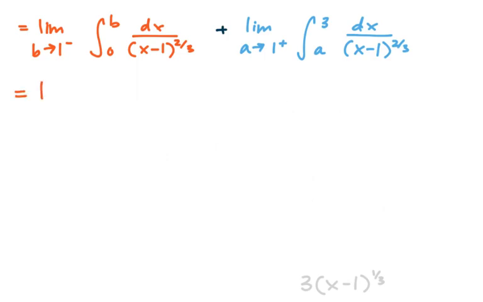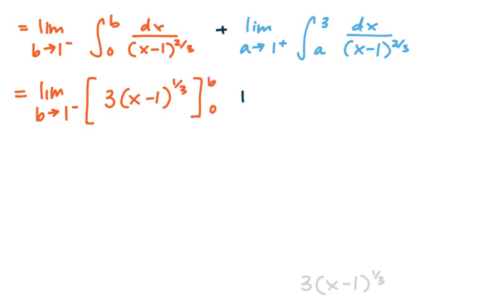So here I have the limit as b goes to 1 from the left of 3 times (x minus 1) to the 1/3 power, which we need to evaluate from 0 to b, plus the limit as a goes to 1 from the right of again 3 times (x minus 1) to the 1/3, which we need to evaluate between a and 3.